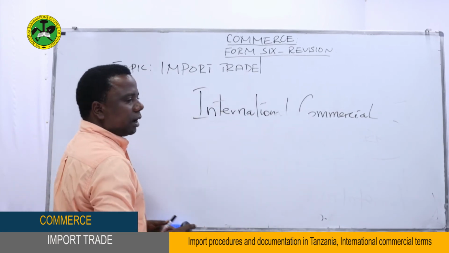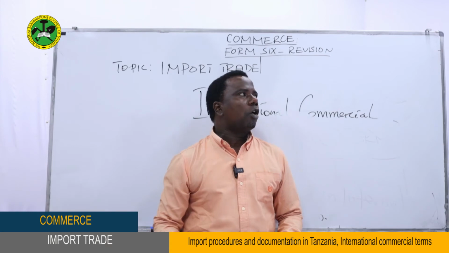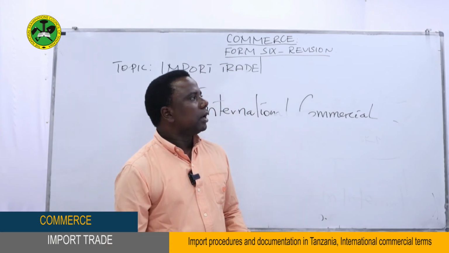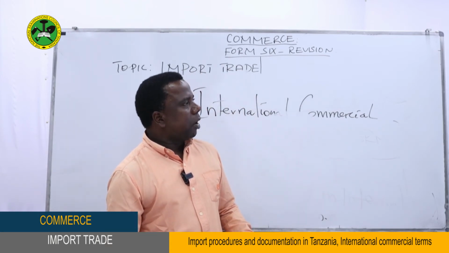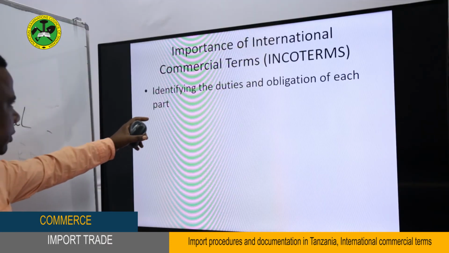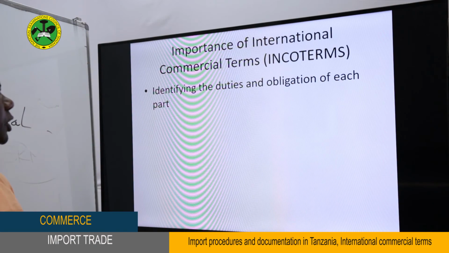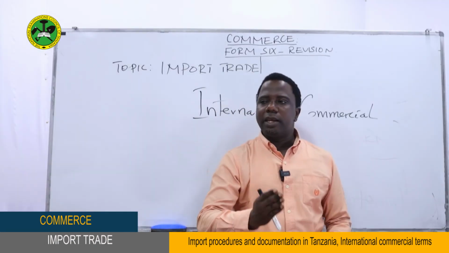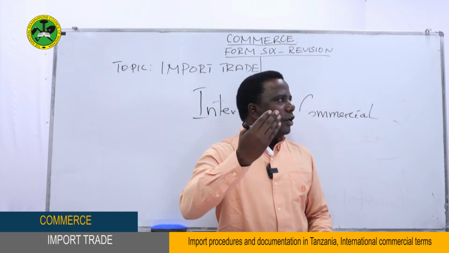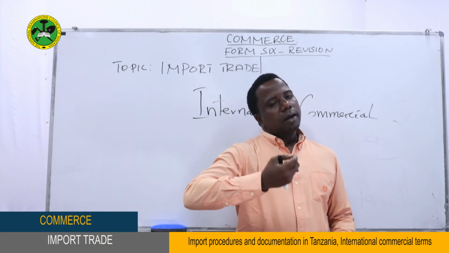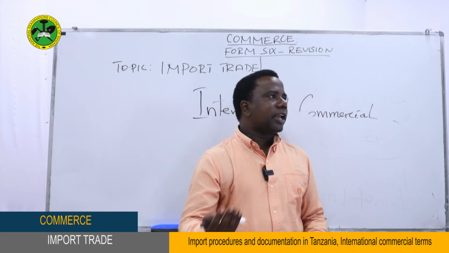So what is the importance of international commercial terms? Now, the main importance of this, number one, is it helps to identify the duties and obligations of each party. So under this one, each party, being an importer and exporter, knows the duties and obligations.